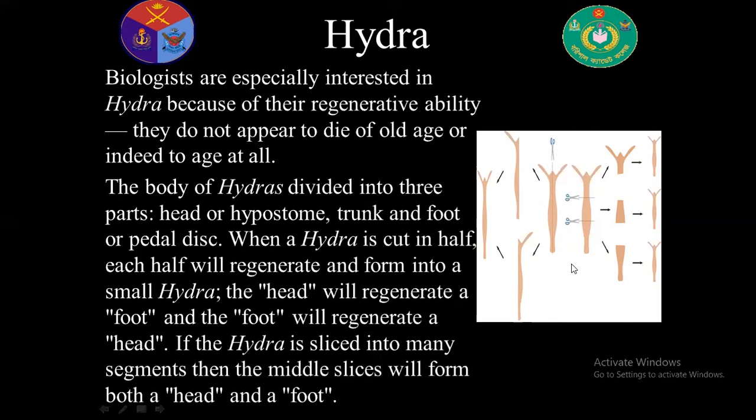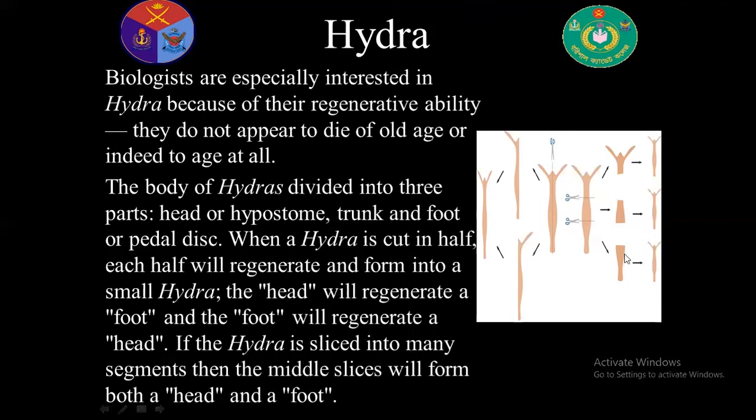When a hydra is cut in half, each half will regenerate. I will cut this animal longitudinally into two parts. Then again, these two parts make two separate animals. If I cut transversely, look, I cut this animal transversely into three parts. Again, three hydra are produced.